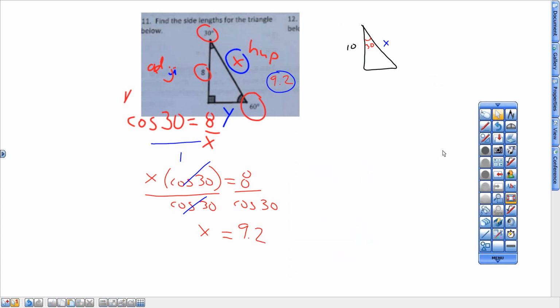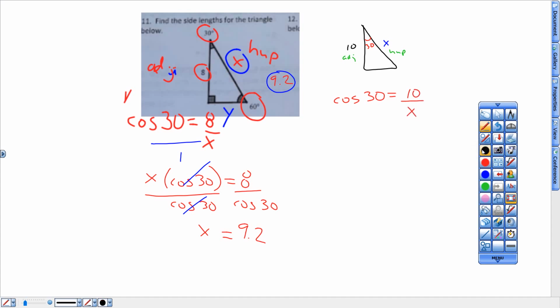So same kind of problem, coming in from angle 30. I'm giving you the adjacent side and the hypotenuse, so that forces you to use cosine 30, and then you set that up as adjacent over hypotenuse.